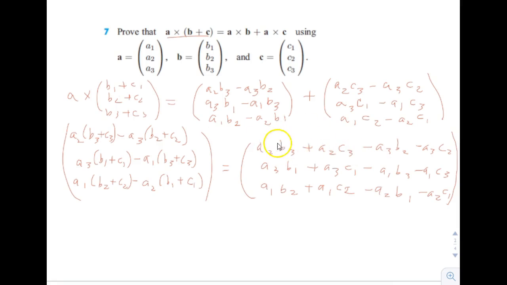I put the pluses together, I put the minuses together, and then you can see, if you look across the equal sign here, that this term here, A2 times the quantity B3 plus C3, is equal to A2B3 plus A2C3. Okay? So by arranging it in this way, I am already showing that these two are equal via the distributive property. Okay? So we've gotten to the end already. All right? And that's it for this video.